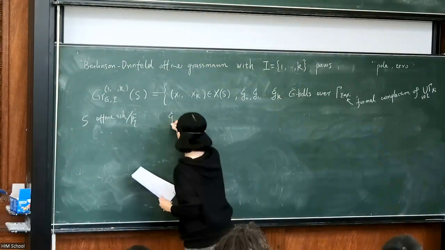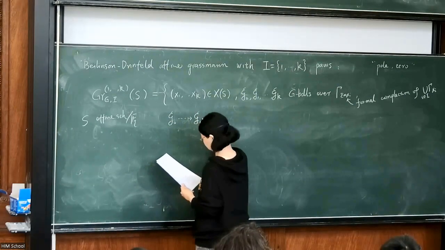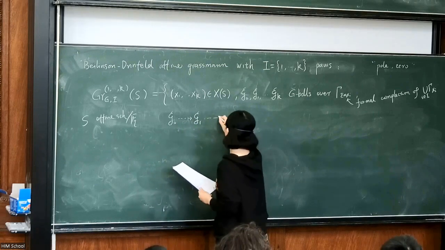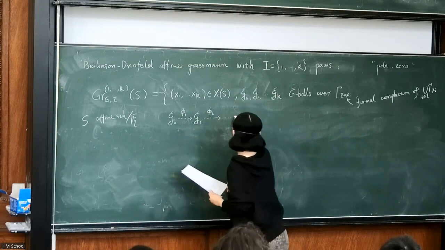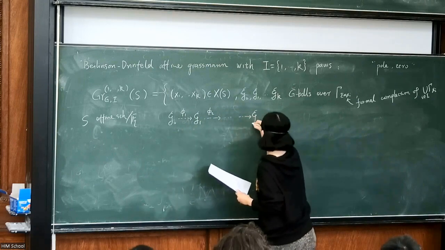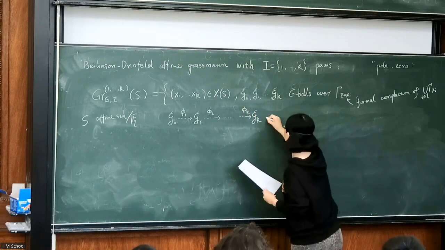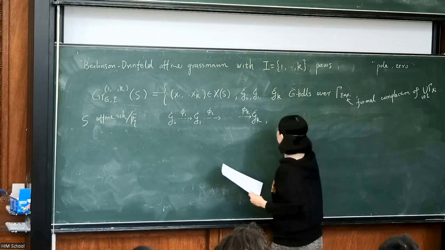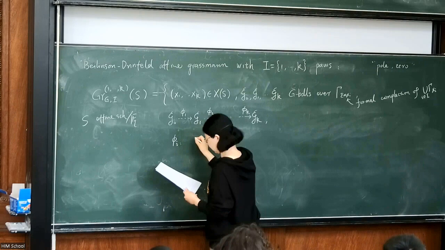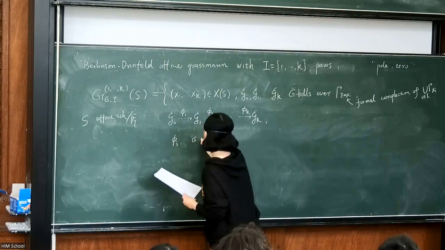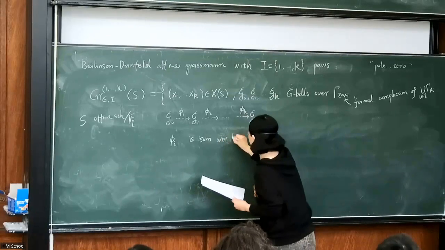And we have a chain of modifications, where each phi_i is an isomorphism outside one graph.